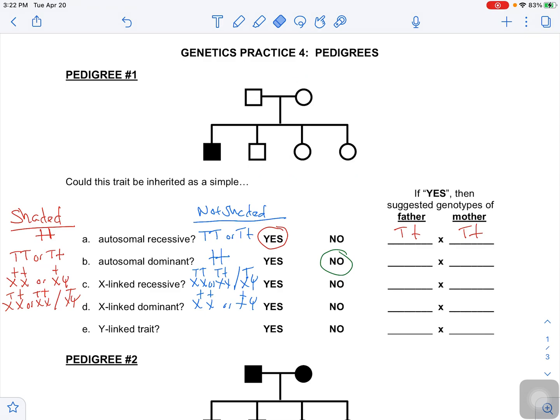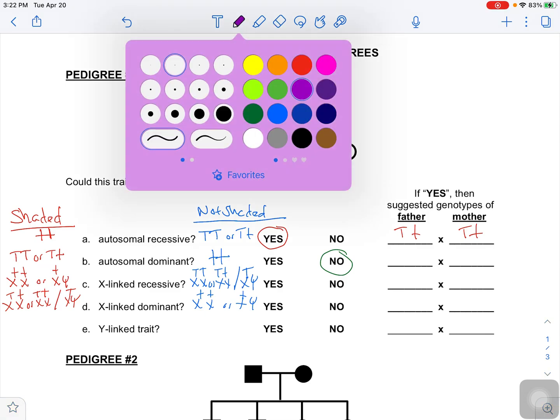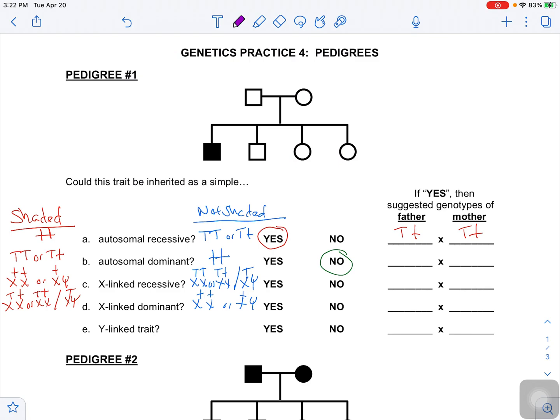and start over. Now we're going to look at this from the perspective of sex-linked recessive. So again, we're going to assume that the shaded individual would be a sex-linked recessive trait inheritance pattern. What we would write down is that this is a boy, so he's XY, and we're assuming that it's a recessive X. Well, then what we're going to write down is our X's and our Y's.